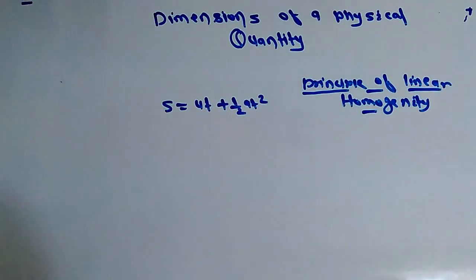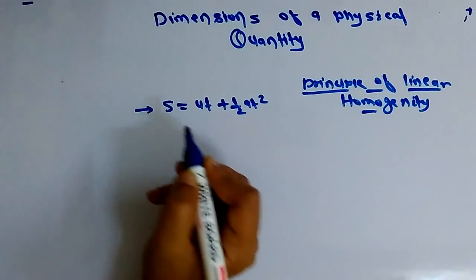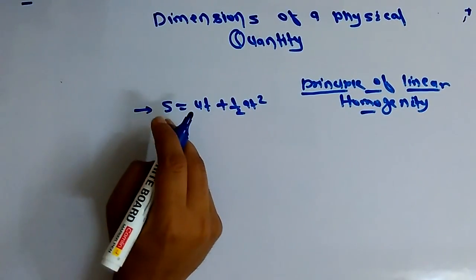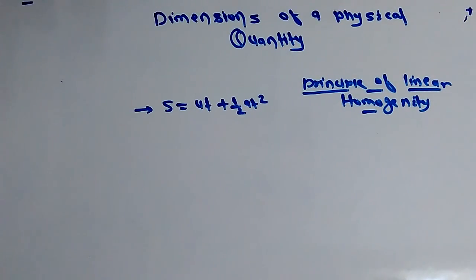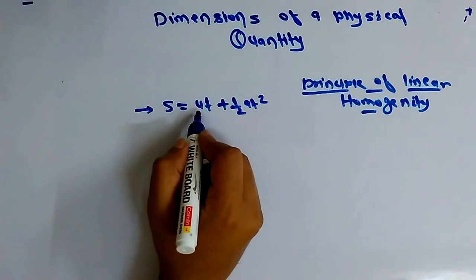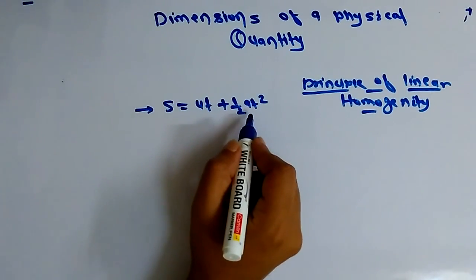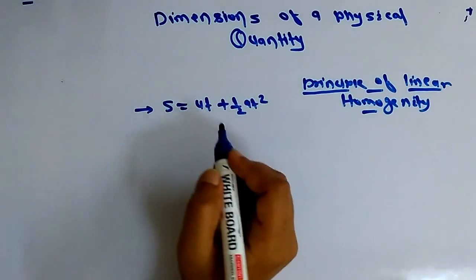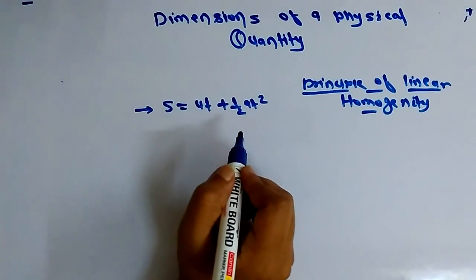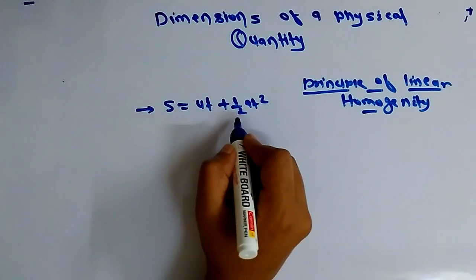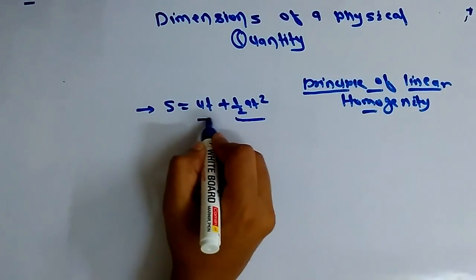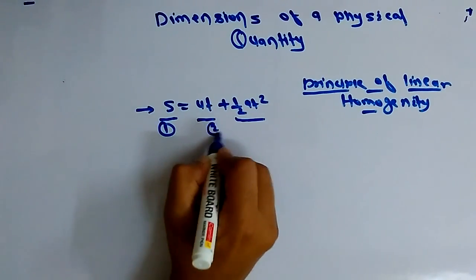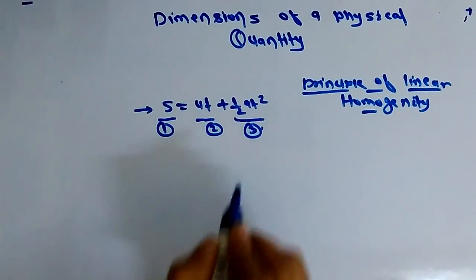Suppose you have a formula S equals ut plus half at squared. S is the distance or displacement covered, u is the velocity, t is the time, and a is acceleration. How many terms are present here? This is one term, this is another term, this is the third term, so there are 3 terms in this formula.